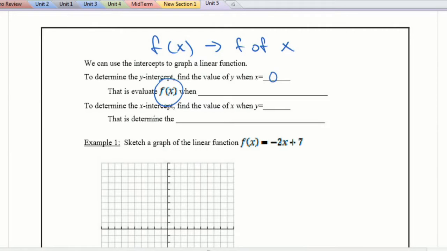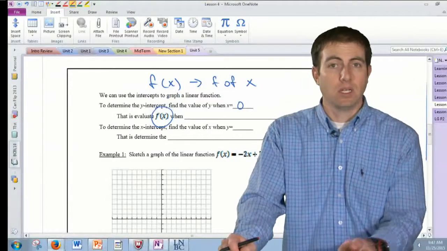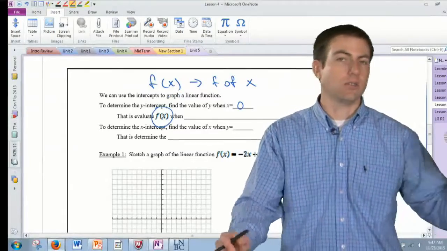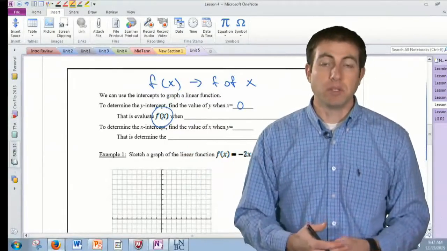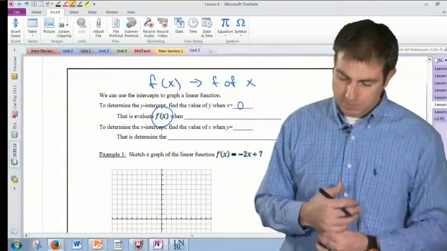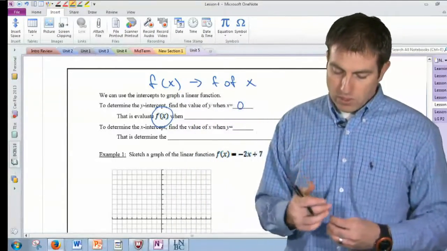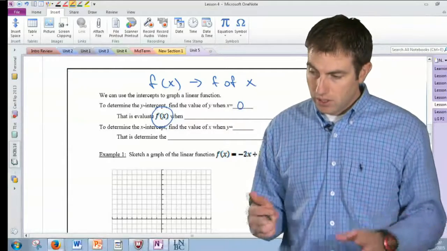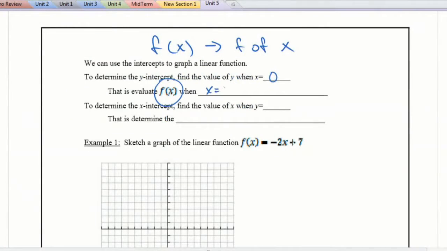F stands for function, yeah. And we don't always use f for functions. If we're dealing with more than one equation at one time, we could have f and g and h, and those are just the more common ones. But it can be anything, really. It could be t. So when we have f of x, when x is equal to 0, we can write it as f of 0.